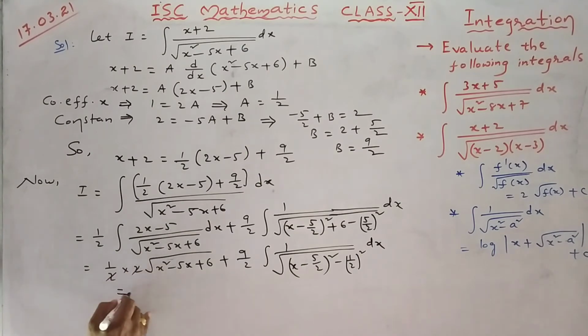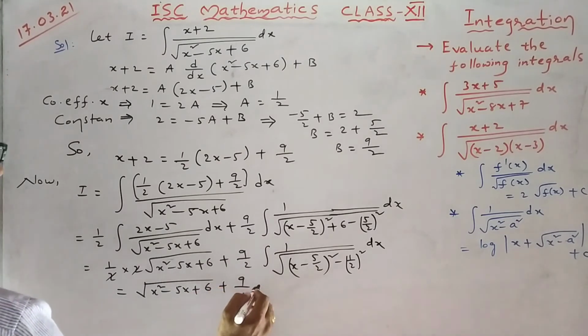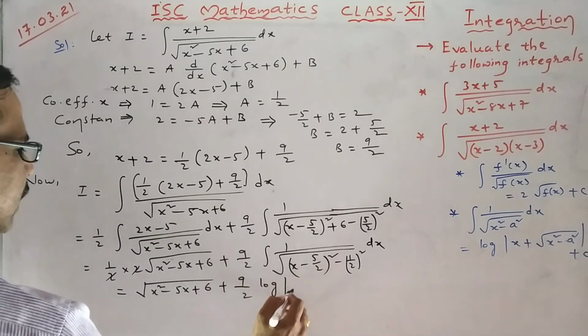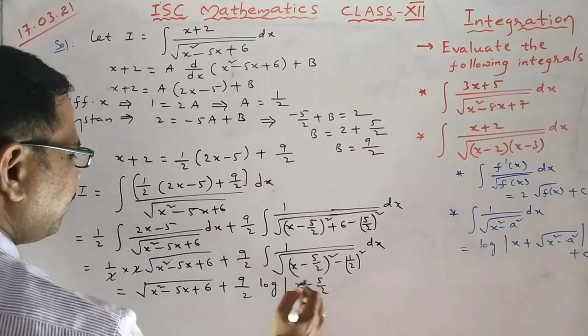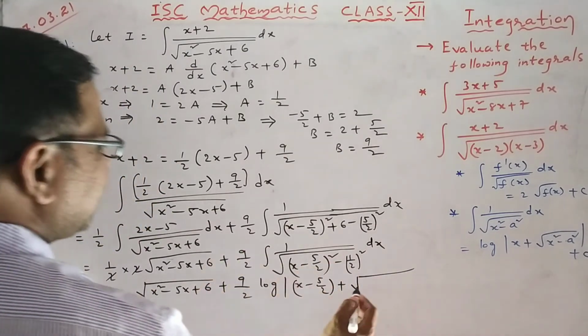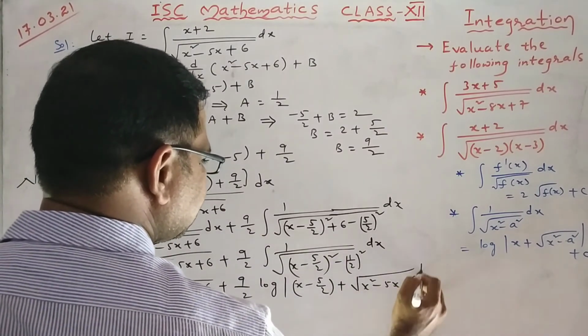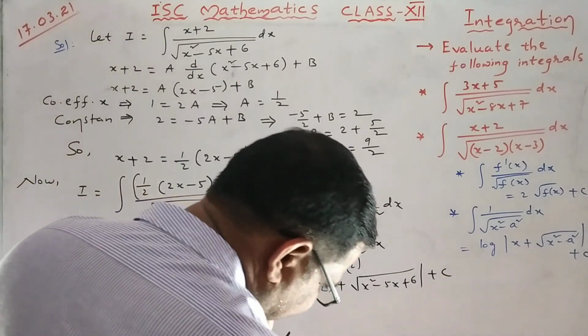So same formula. The 2 gets cancelled. Root of x square minus 5x plus 6, plus 9 by 2 times log mod of (x minus 5 by 2 plus root of), this expression is nothing but x square minus 5x plus 6, plus c. Right?